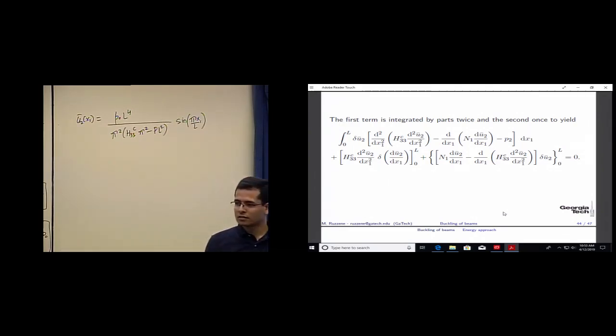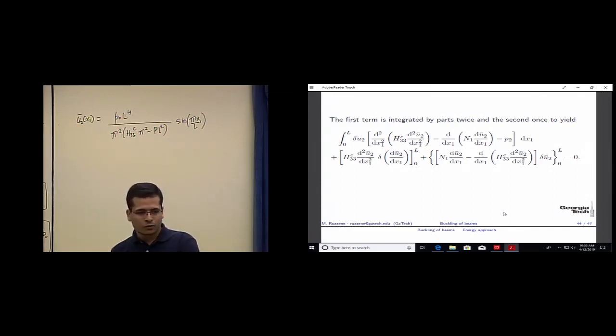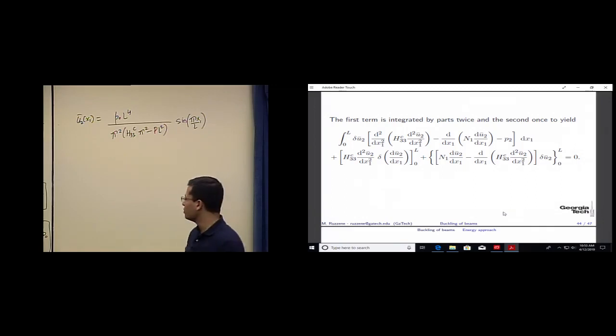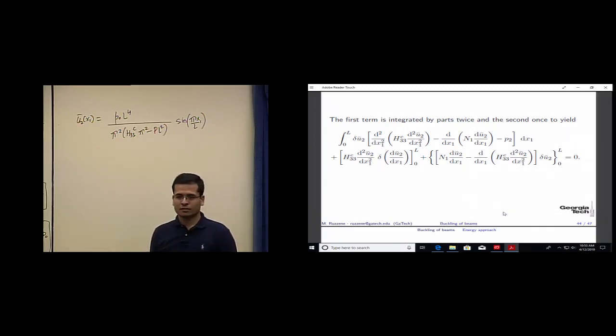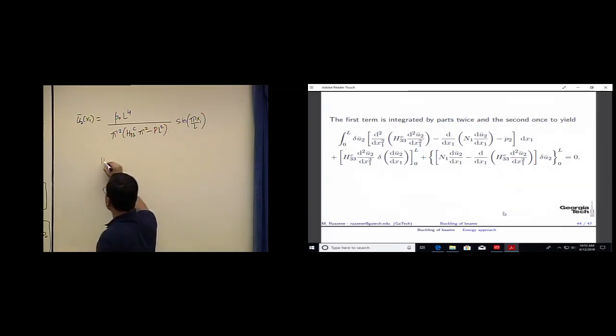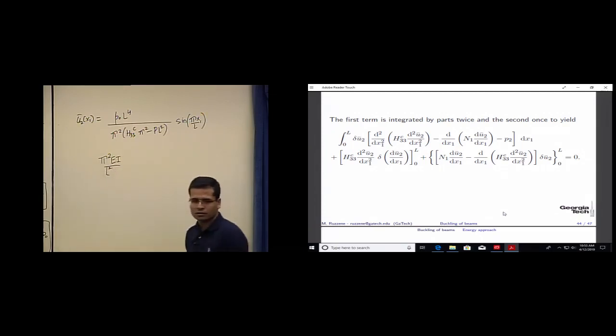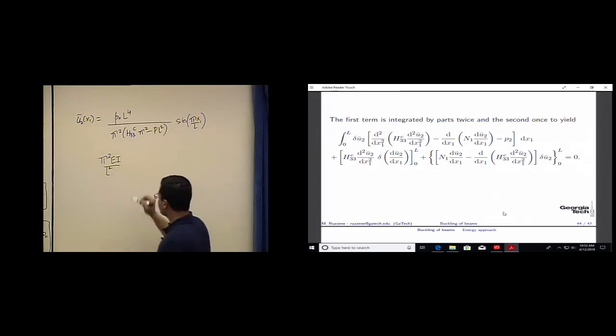We want to find a critical load at which buckling happens, right? So what was the critical load for buckling in a simply supported beam? Pi squared EI over L squared, right, for a simply supported beam.